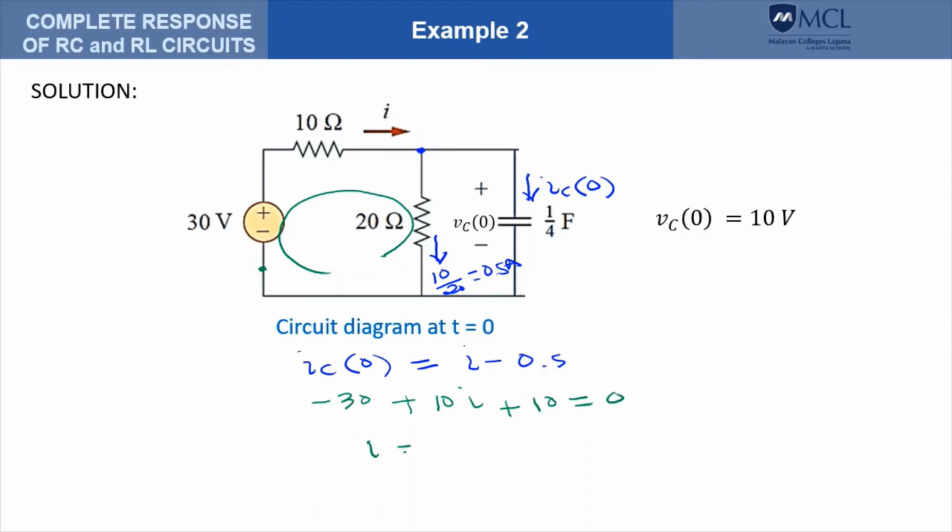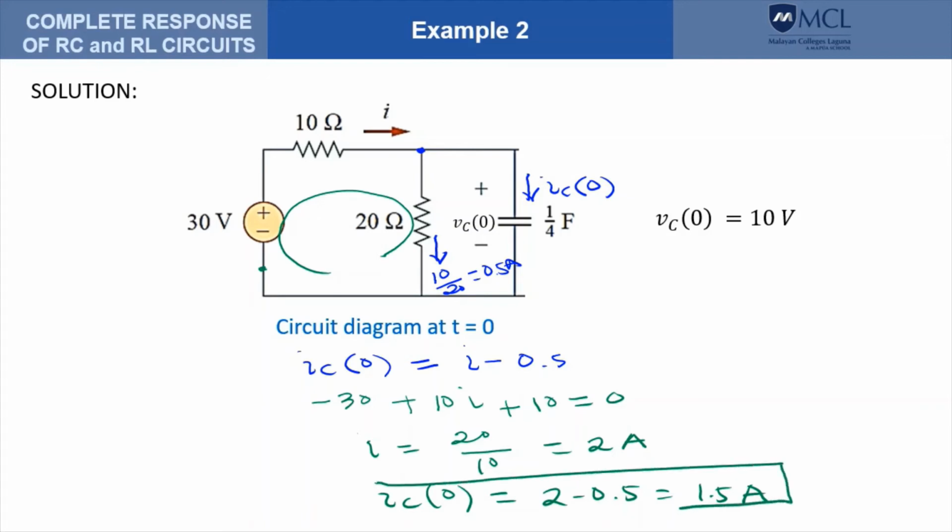So I there would be 20 divided by 10, or equals 2 amperes. Therefore I sub C at t equals 0 becomes 2 minus 0.5, or 1.5 amperes. So this is our answer for the current through the capacitor at t equals 0.